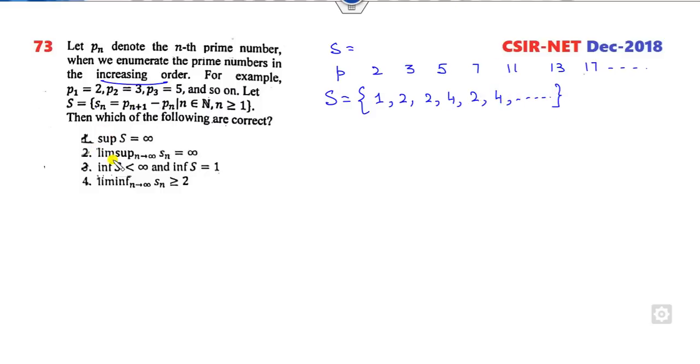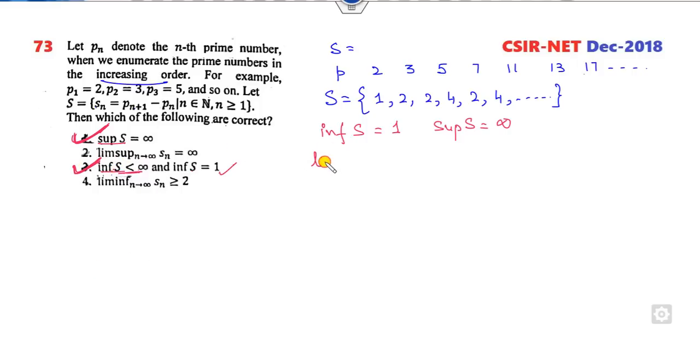Then you have to find the supremum, limit supremum, infimum here. What is the infimum of the s? 1. Supremum of the s? Infinity. That's a correct statement. Infimum is less than supremum, 1 is less than infinity, correct. Infimum of the s is 1. Both are correct statements.